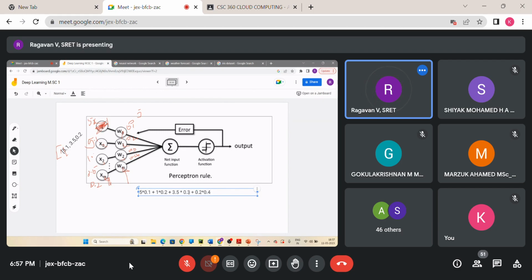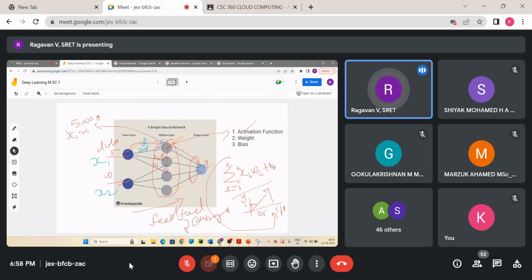Okay, so this is the formula which we discussed earlier, right? Summation of xi into wi.